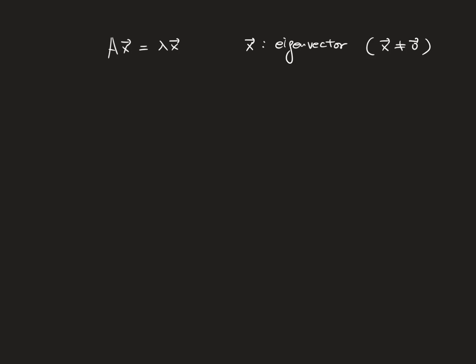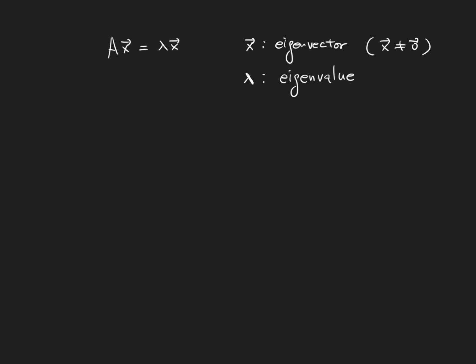So if we want to solve that kind of differential equation or difference equation, we want to know dynamics, then we need to solve this equation, Ax equal to lambda x, and here the x vector is called an eigenvector of matrix A, and lambda is a constant, a scalar, called the eigenvalue corresponding to eigenvector x.